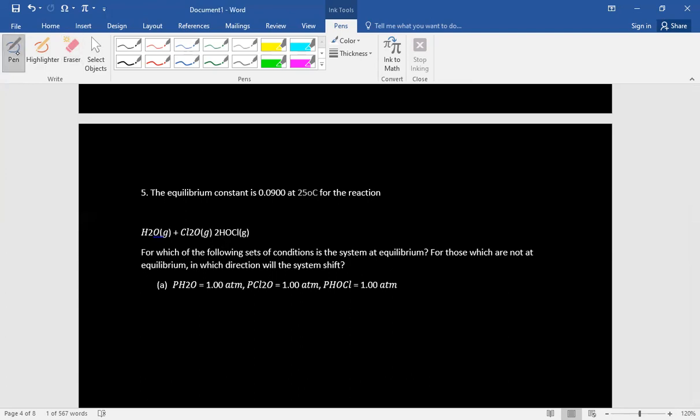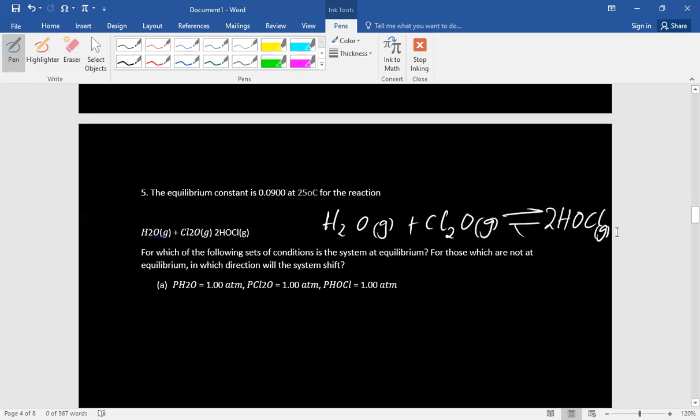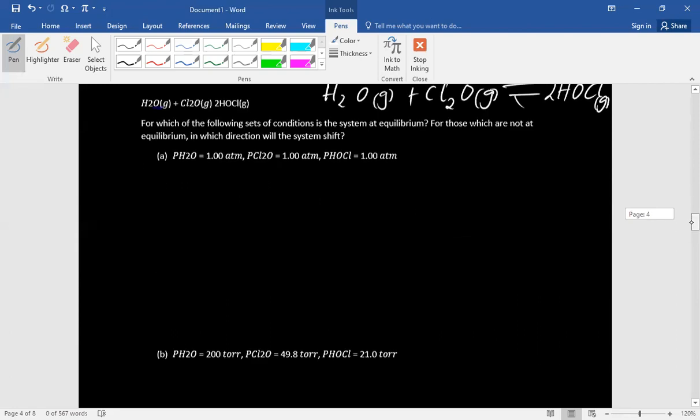Let me write the reaction properly: gas, reversible reaction, gas. Now they ask us, for which of the following sets of conditions is the system at equilibrium? For those which are not at equilibrium, which direction is the system going to shift?